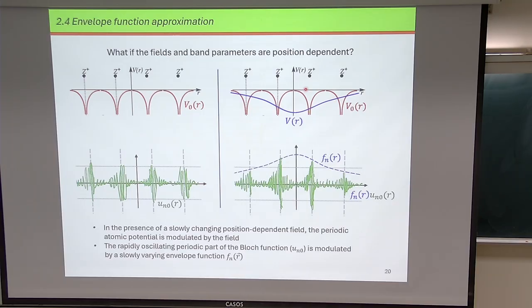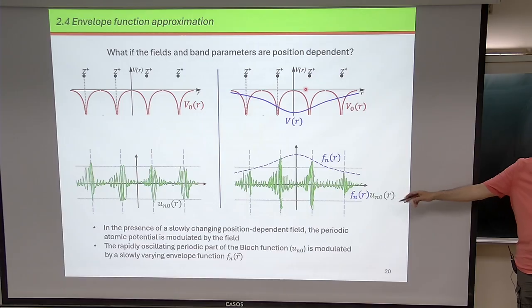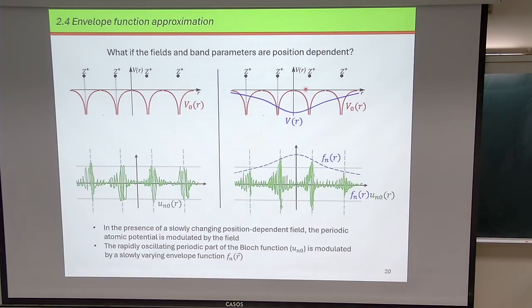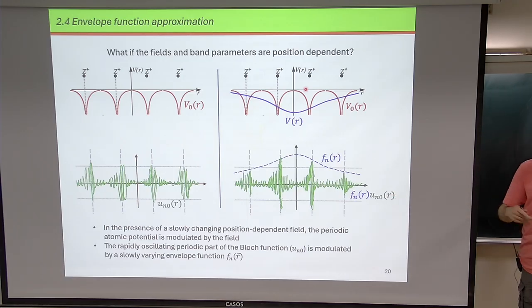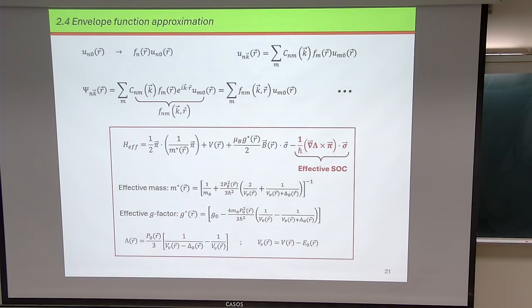So the idea is, because I know what the Bloch functions are, I calculated them for the case that I don't have this potential, I can use the same basis as before, but now I will have these envelope functions. And what I would get is then not an equation for U, since I know already what U does, but an equation for F_n.